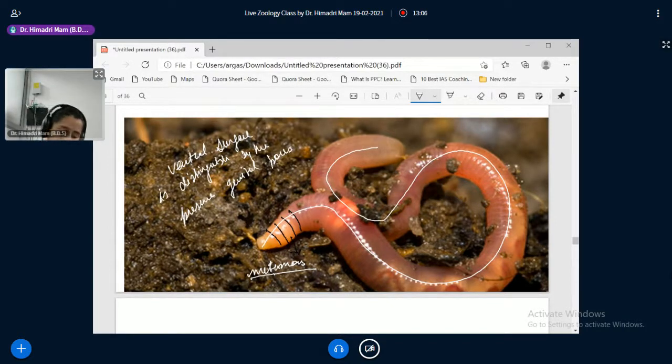Okay, now the anterior end consists of the mouth and a wedge which opens cracks to the soil.